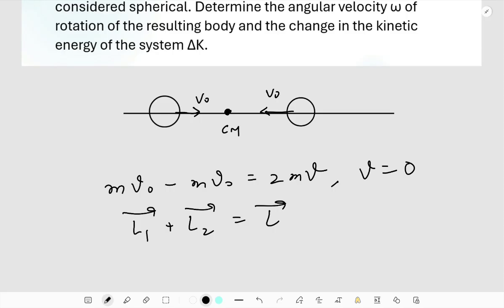And we can also write that L1 and L2 are the angular momenta of each of the spherically symmetric bodies relative to their own centers of mass, and that is the spin angular momentum.